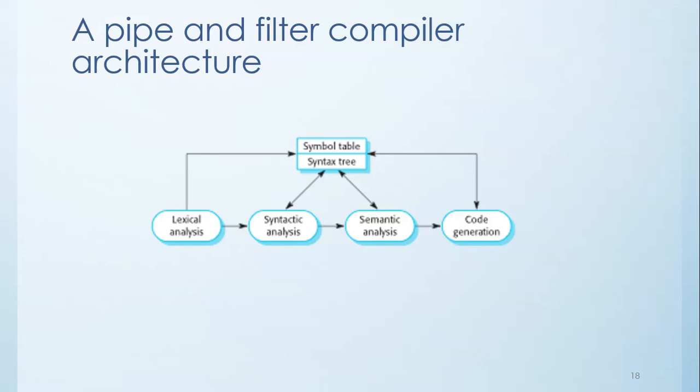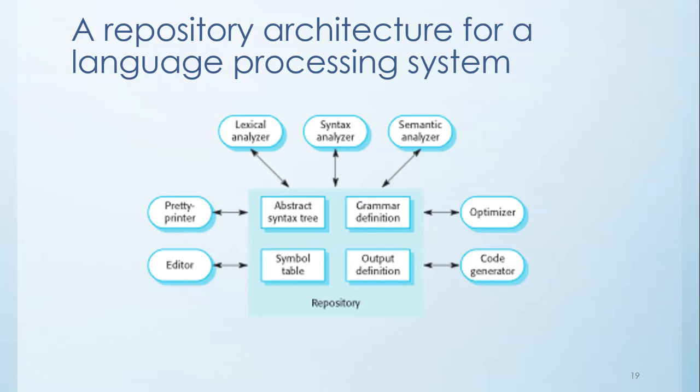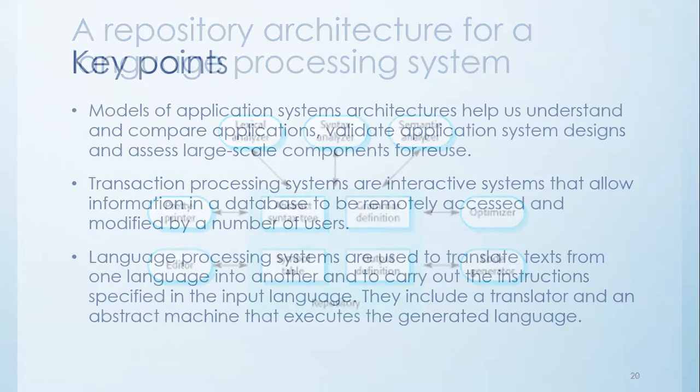So that's pipe and filter combined a little bit with a central repository, where the symbol table and syntax tree act as the central repository in a sense. Here is a more repository architecture type look at it. As you notice, all of the different processes are around the repository in essence.